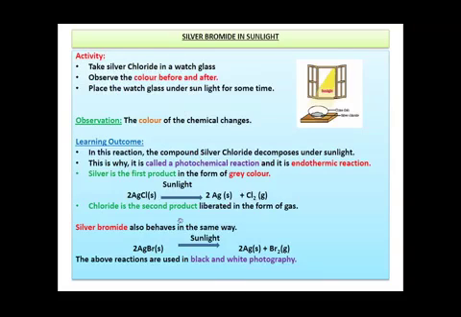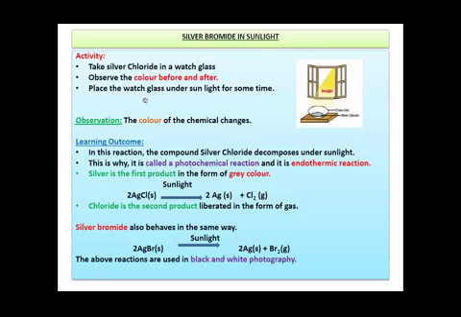Next is an example of photodecomposition, that is, action of sunlight on silver bromide and silver chloride. So let us go with the activity. Here a watch glass is taken in which silver chloride is taken, and the color of the silver chloride is white.